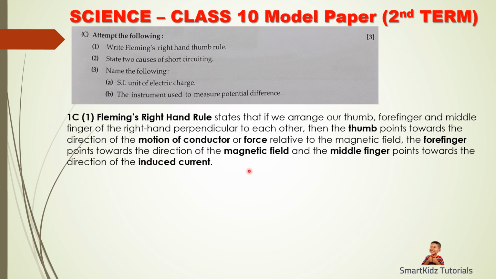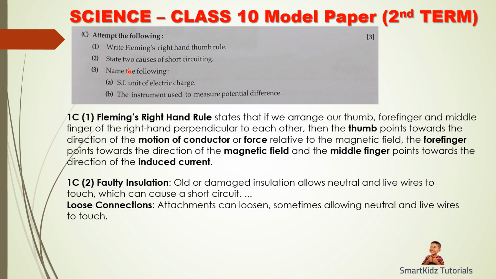So a magnetic field that is generated shows in which direction that magnetic field is moving. And the middle finger points towards the direction of the induced current. So this is about Fleming's right hand rule. It's about arranging the first 3 fingers of our right hand, the thumb, forefinger and middle finger, perpendicular to each other.